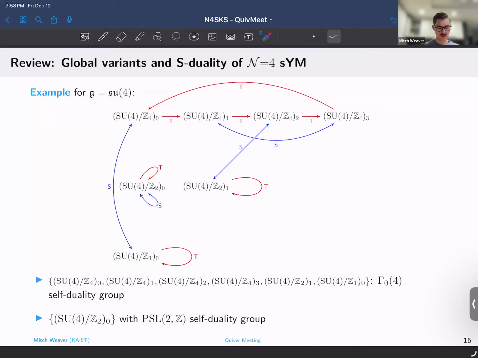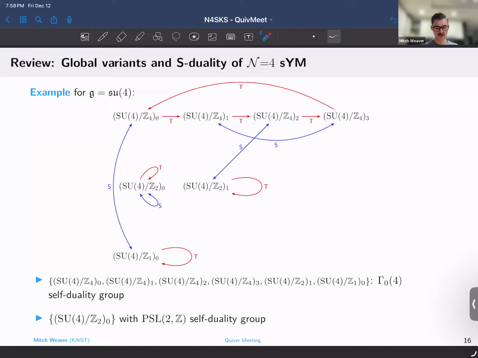The S-duality group in this case is just SL(2,Z), which, as we know, is generated by the S and T transformations, and they act on the various global forms in the following way.